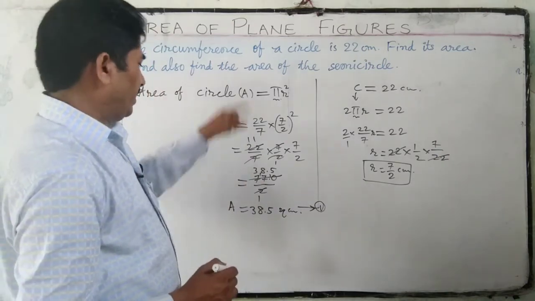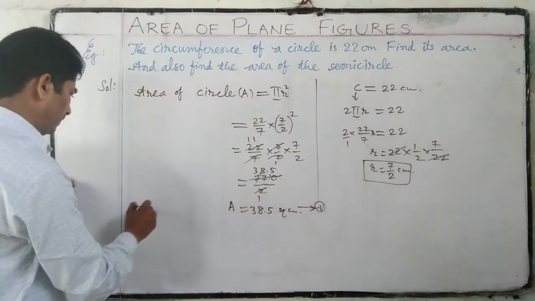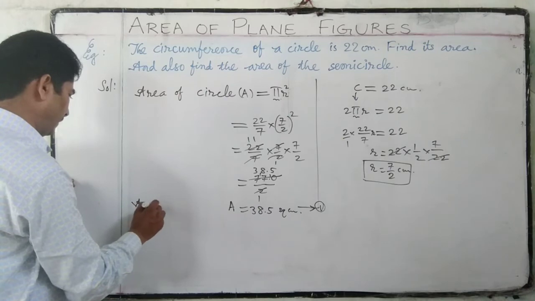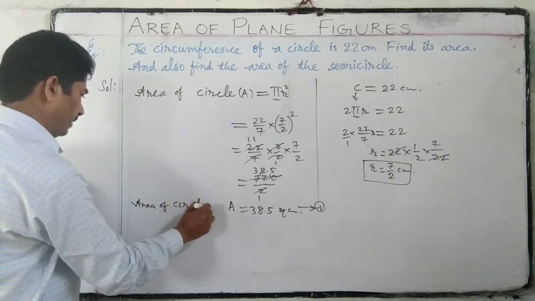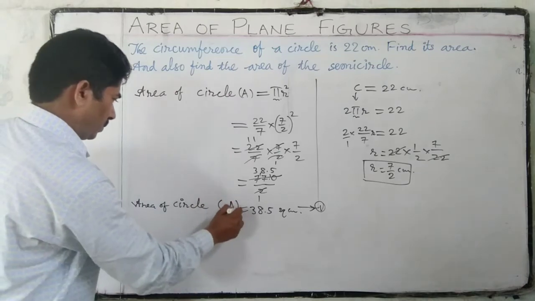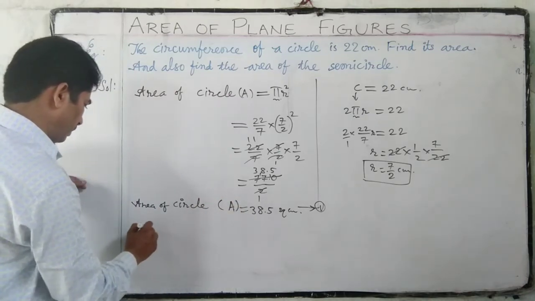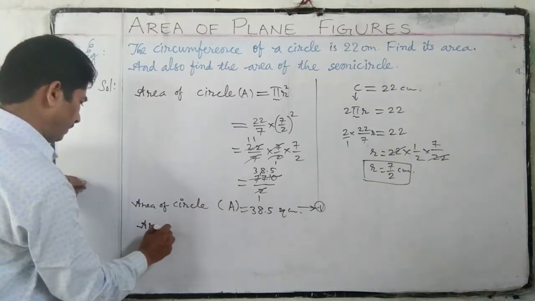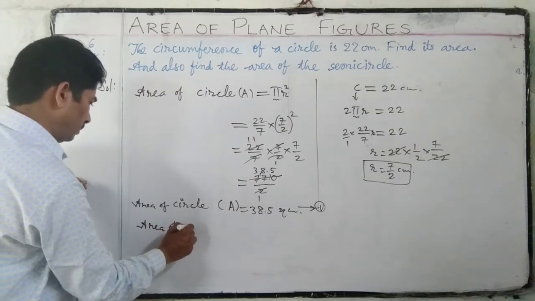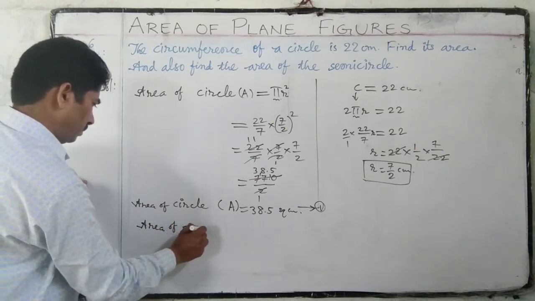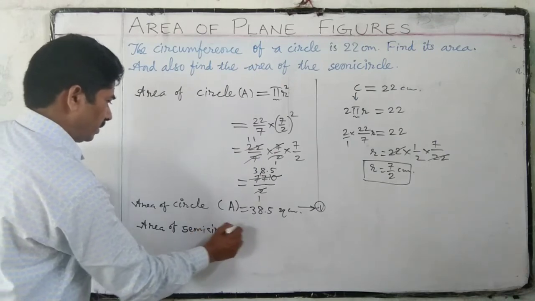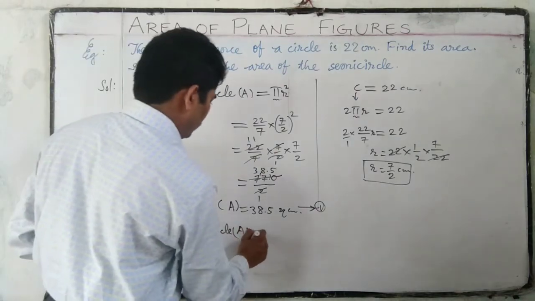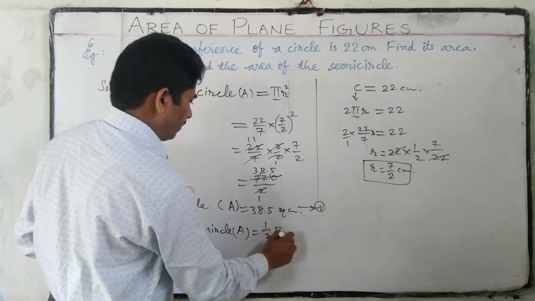Next we have to find the area of a semicircle. This is the area of a circle. Next, area of a semicircle. A is equal to half pi r square.